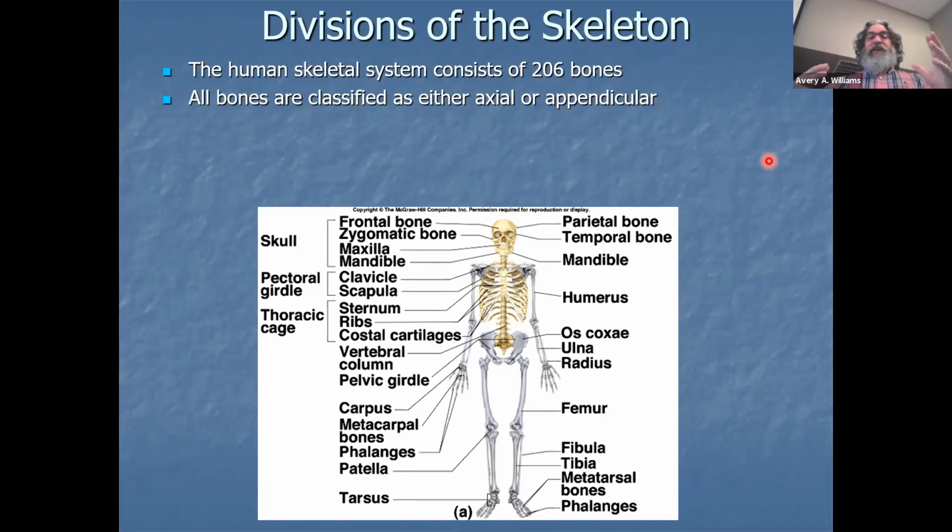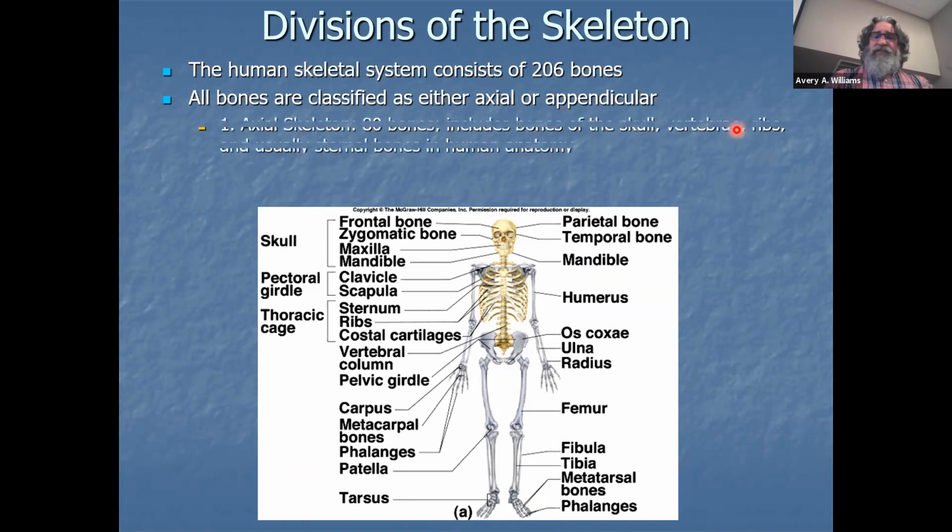We have had this verbiage before, axial and appendicular, when we were talking about body regions. It's not exactly the same thing for the skeleton. Of course, there is some overlap, but it's not region for region and bone for bone the same. So there are some differences. But basically, you have an axial and appendicular skeleton.